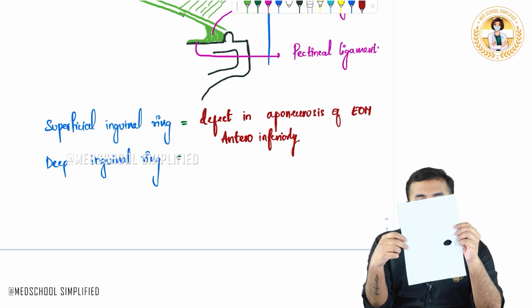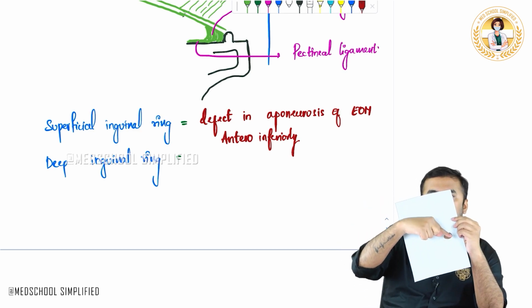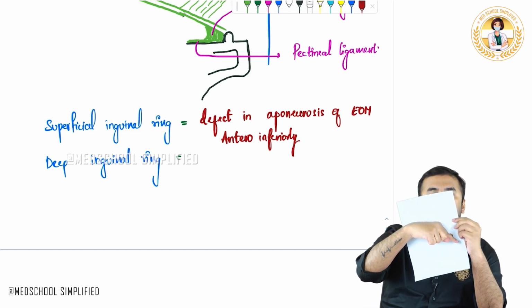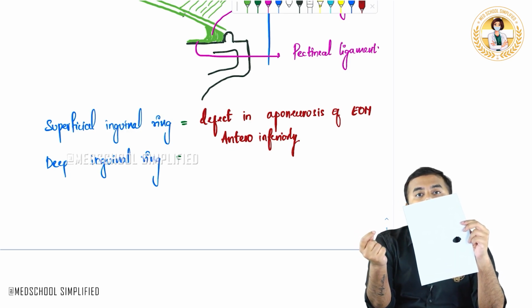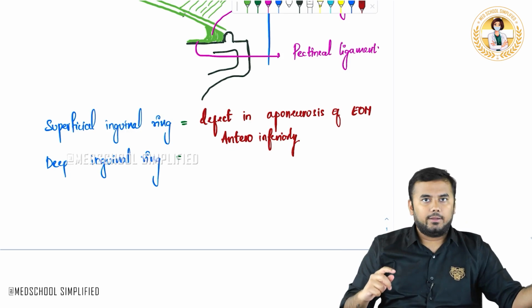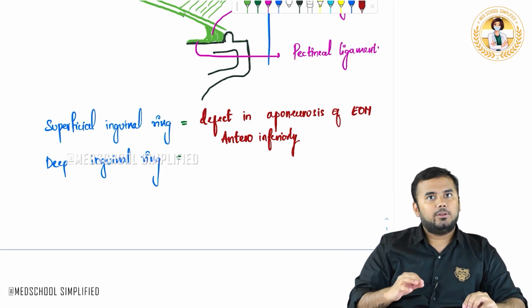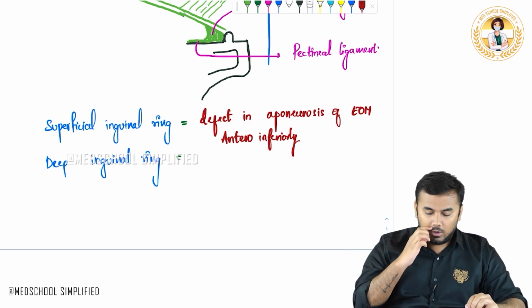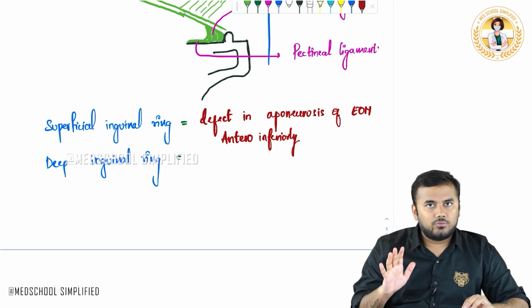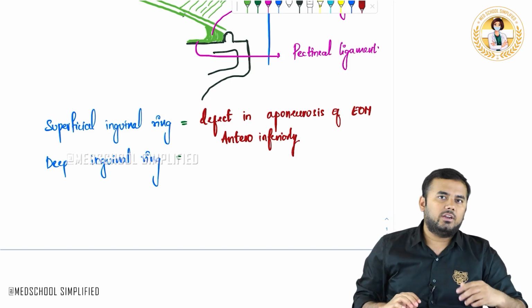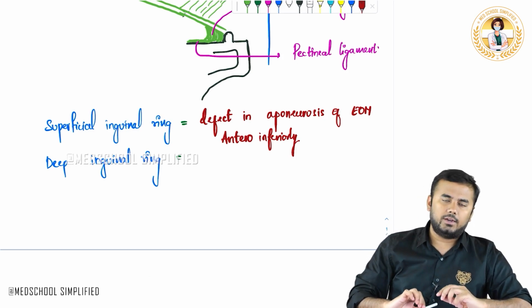The aponeurosis of the external oblique muscle antero-inferiorly is having a defect. This defect is called your superficial inguinal ring. About the defect I'll explain you in detail with the pictures and all, but for now just remember it: a defect in the aponeurosis of the external oblique muscle antero-inferiorly forms the superficial inguinal ring.